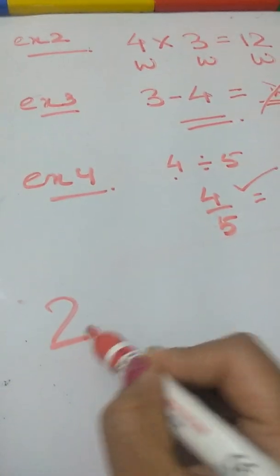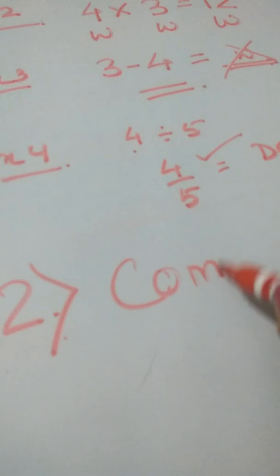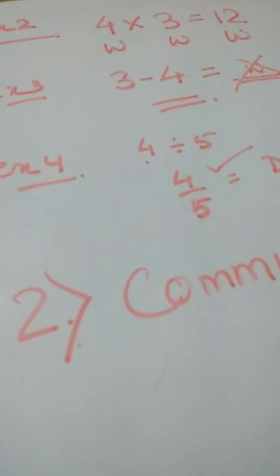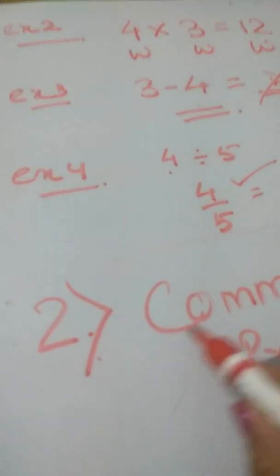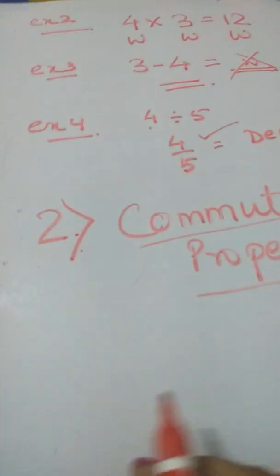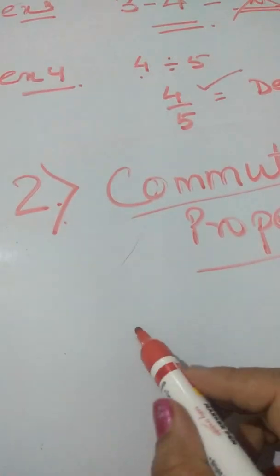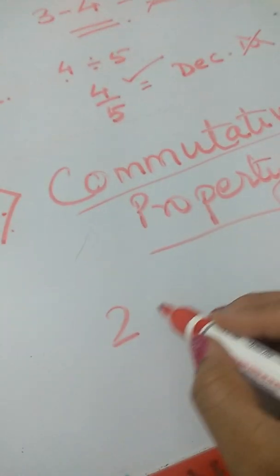Now let us come to property number 2, that is commutative property. I take any two whole numbers and I am adding them.